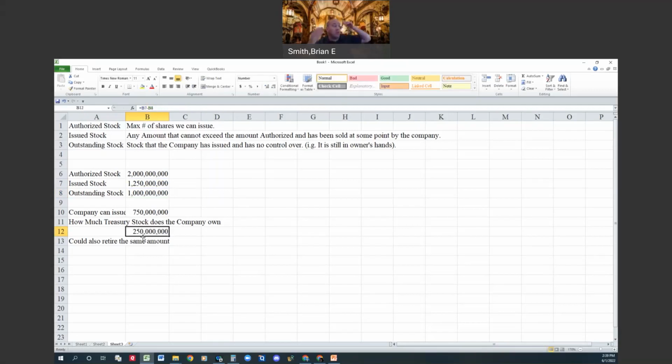And what I'm telling you is that I didn't talk about this in the lecture because it wasn't part of it, but a company can retire stock as well.